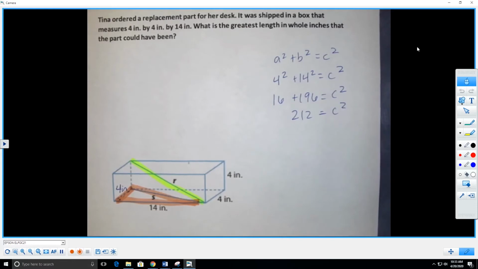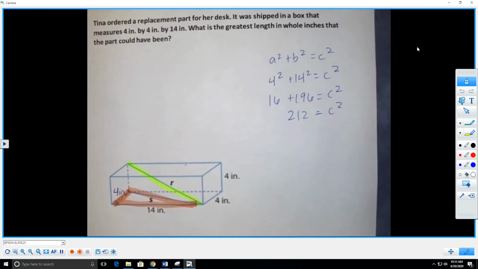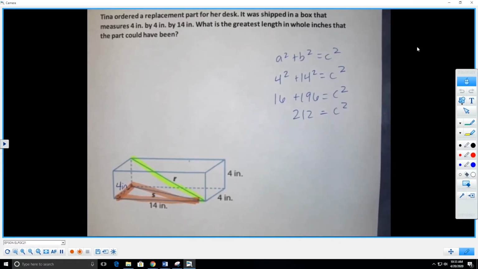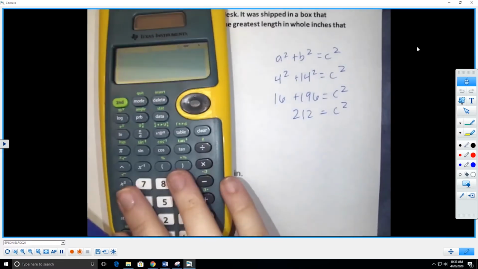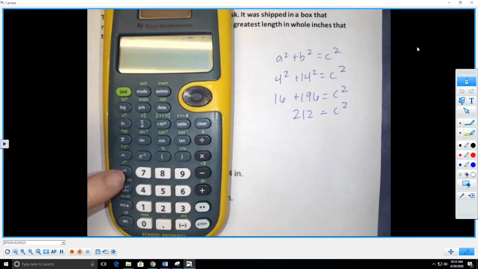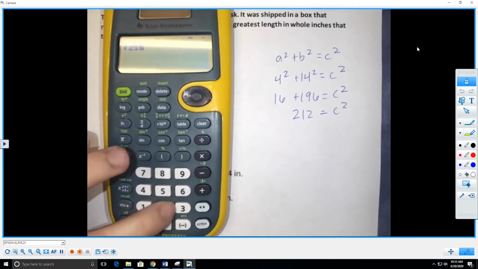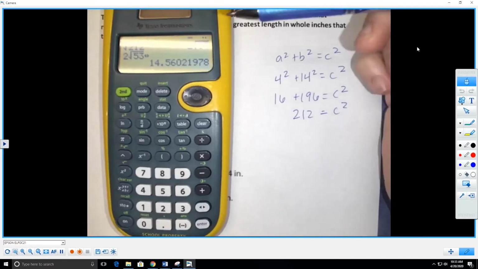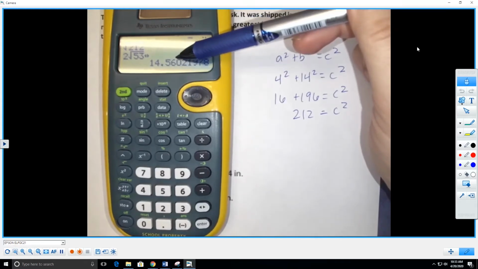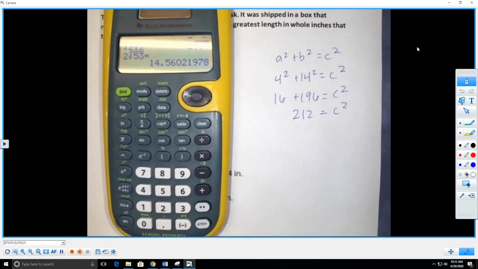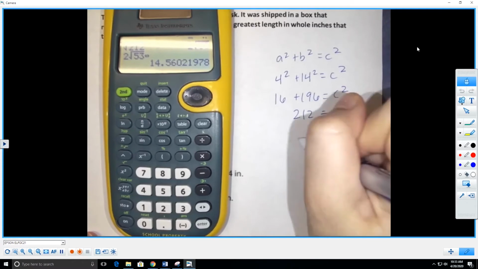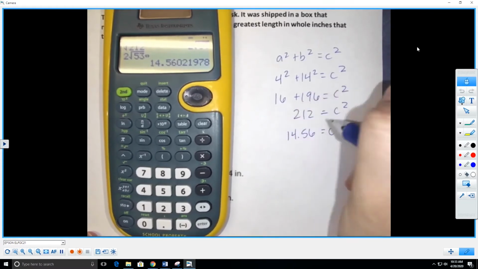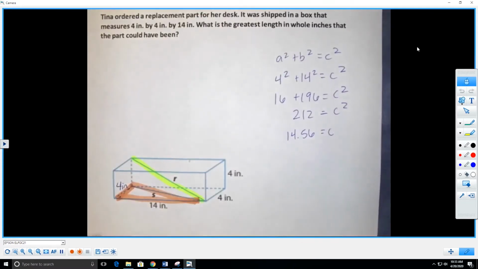You're going to want to use your calculator or your calculator app to help you and round your answer to the nearest hundredth. So I'm going to use my calculator here, take the square root of 212, round it to the nearest hundredth. So I'm going to leave it as 14 and 56 hundredths.